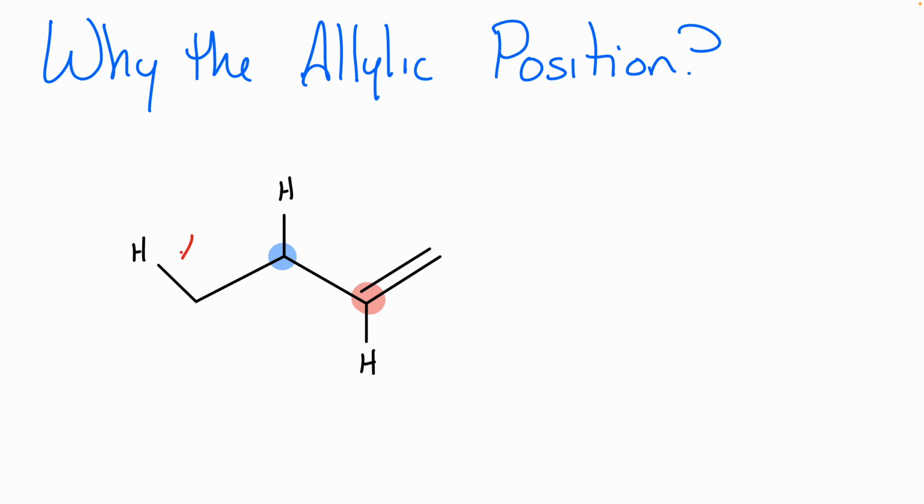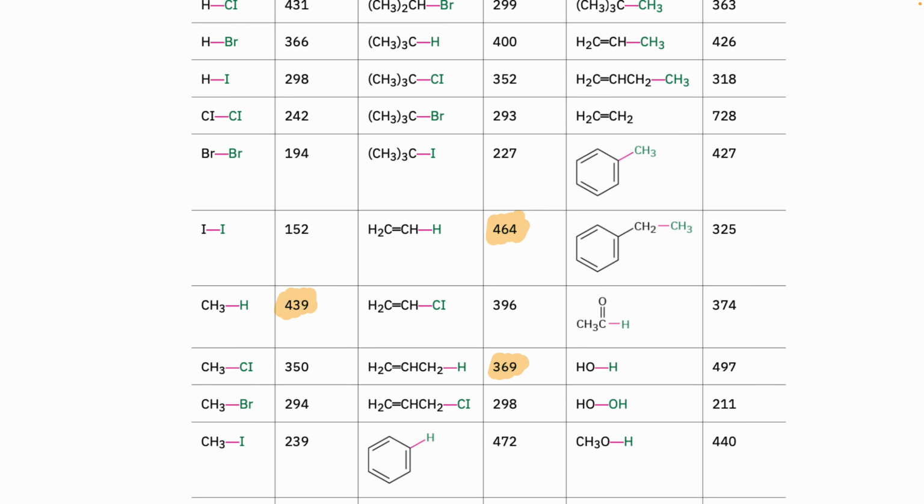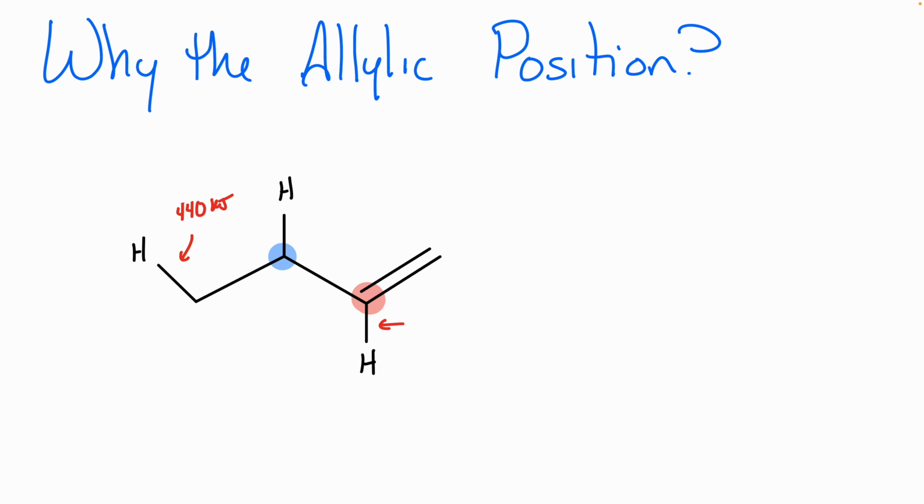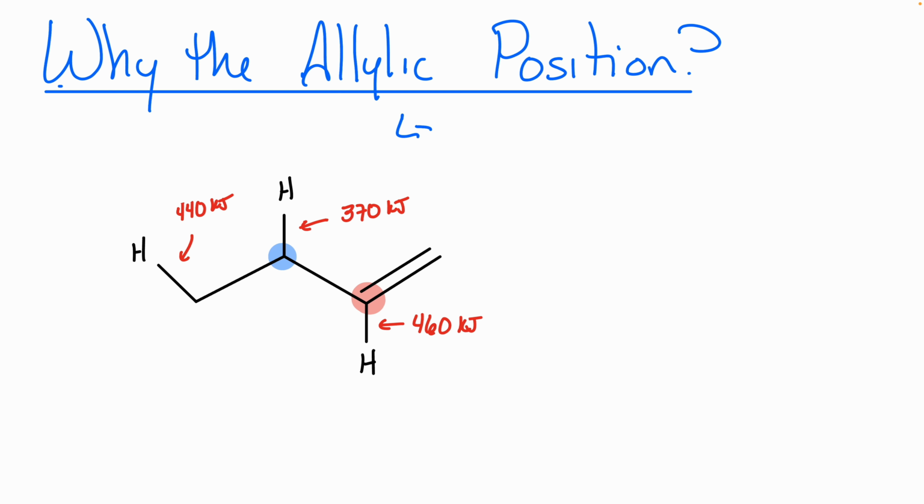Because the bond dissociation energy of this bond is around 440 kilojoules per mole, this one is 460 kilojoules per mole, but this one is only 370 kilojoules per mole. That carbon-hydrogen bond is the weakest at that allylic position.